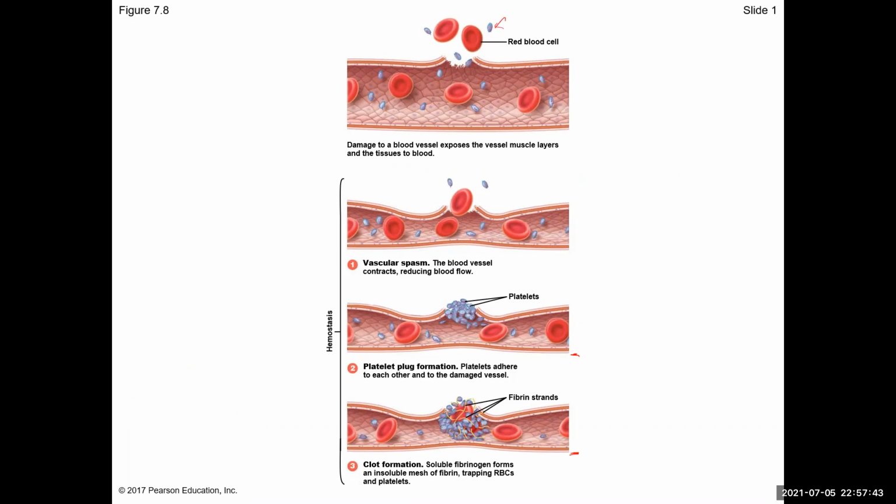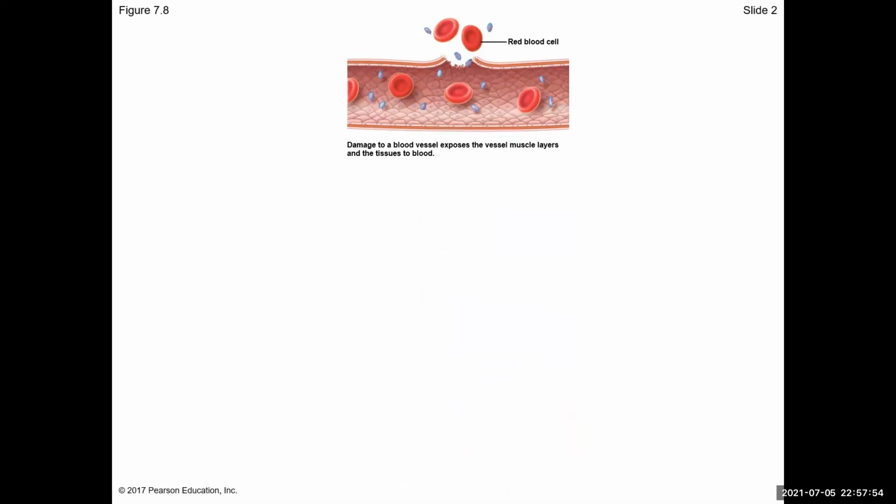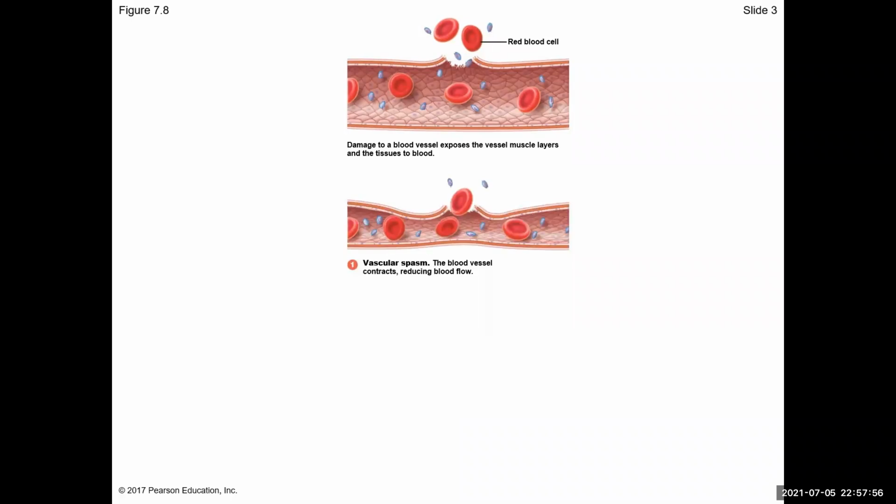So your vascular spasm is basically where the blood vessels contract around where that damage has happened. Okay? And so what that does is it reduces the blood flow that would be moving into that damaged area. So that in itself helps to reduce how much blood is lost.